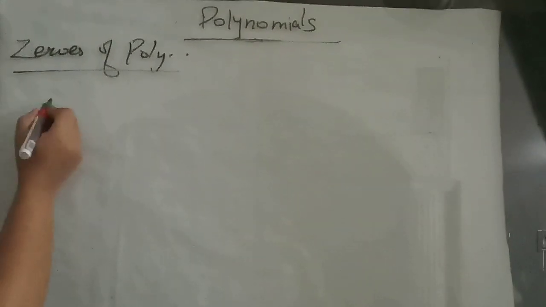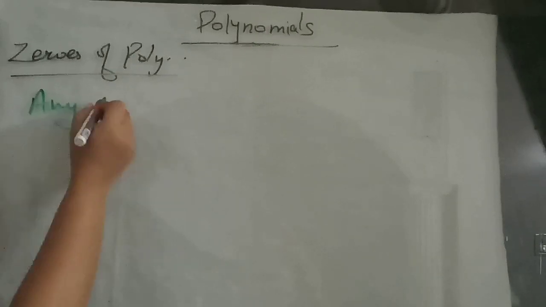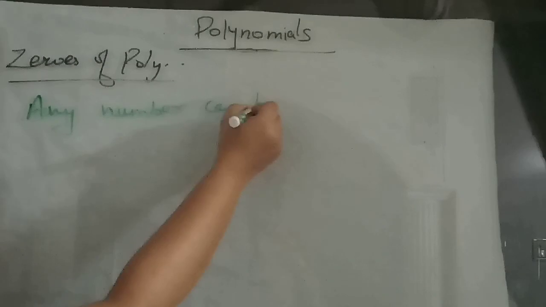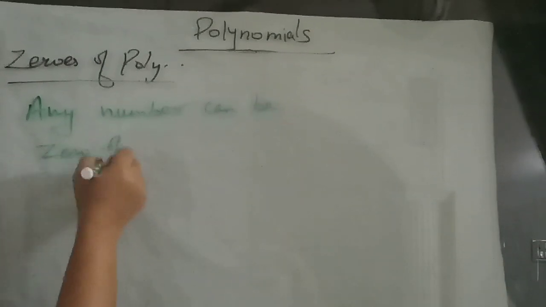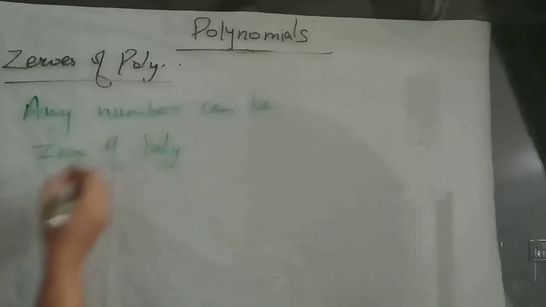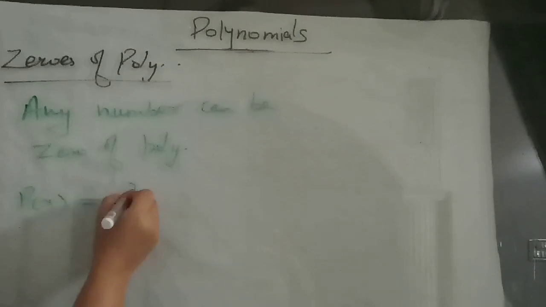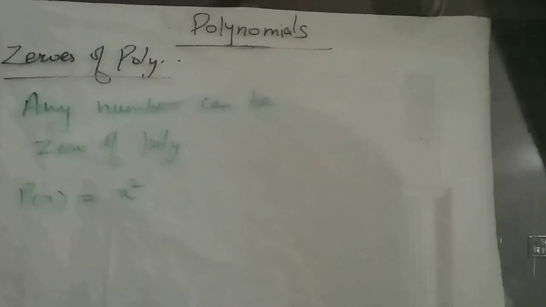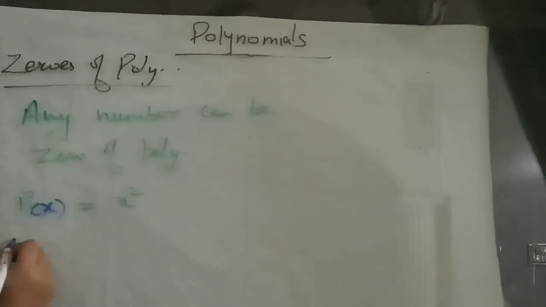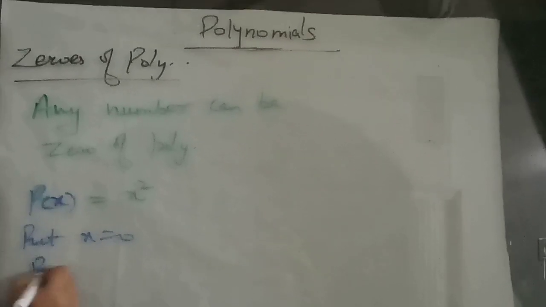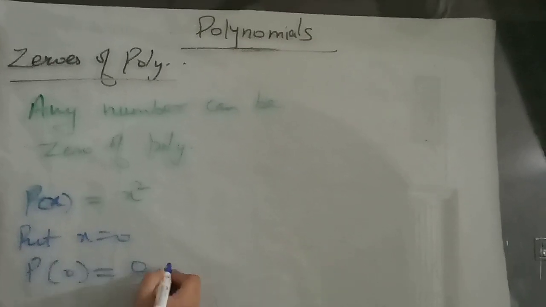Any number can be the 0 of a polynomial. Let us take p(x) equal to x square. If you put x equal to 0, what do you get? p(0) is equal to 0 square, which is 0.